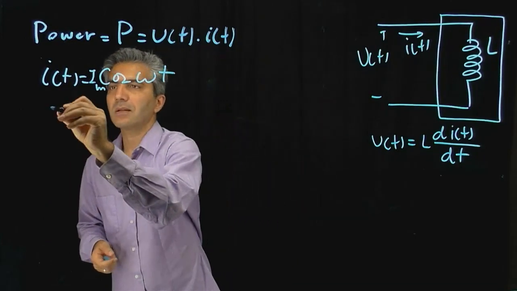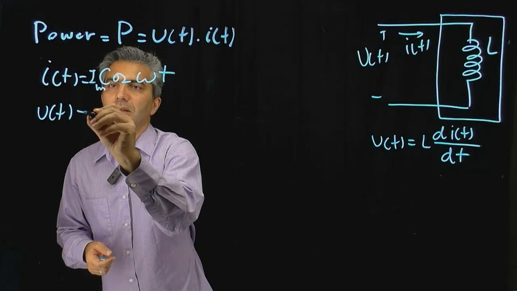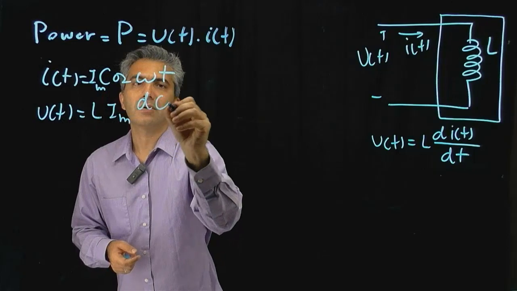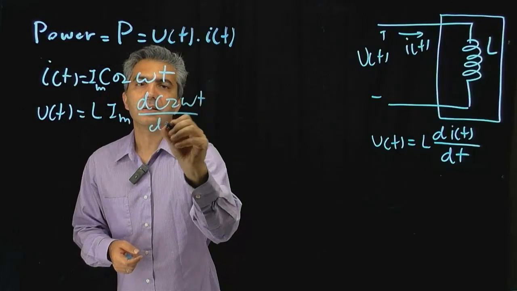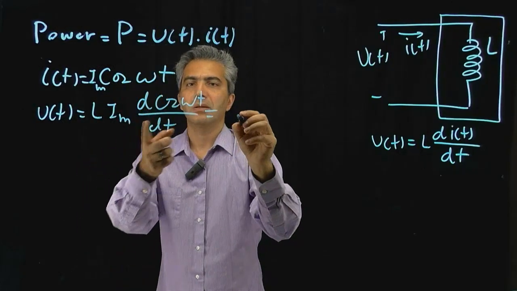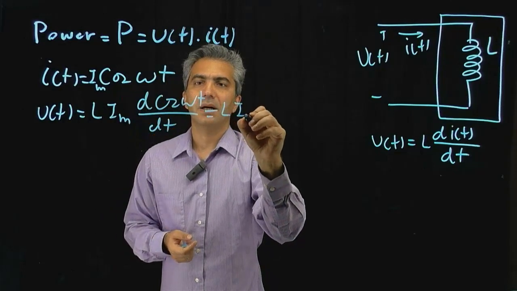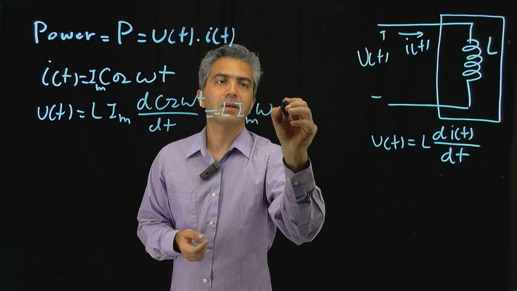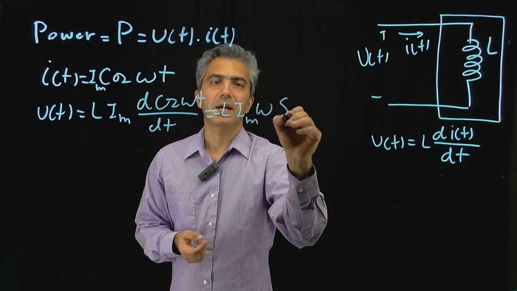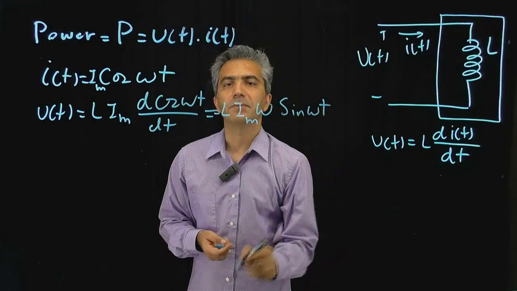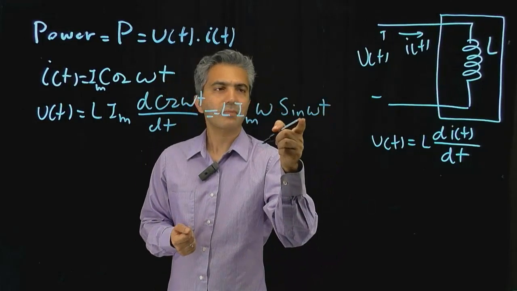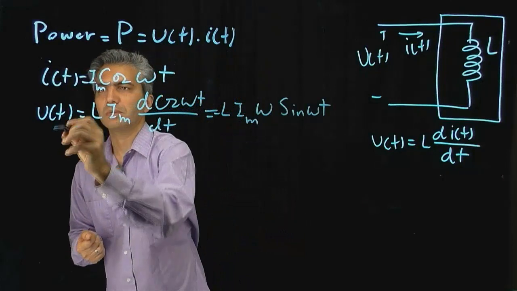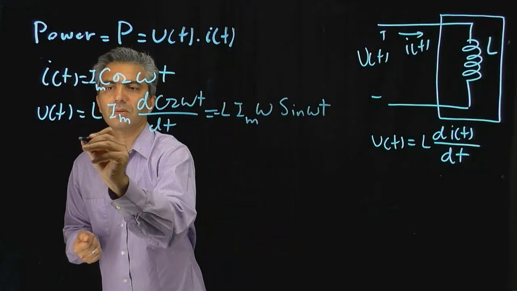So now with that, V(t) would be L Im d cosine omega t dt, which then becomes L Im omega minus sine omega t, right? So I can rewrite the equation and turn it into its cosine form.